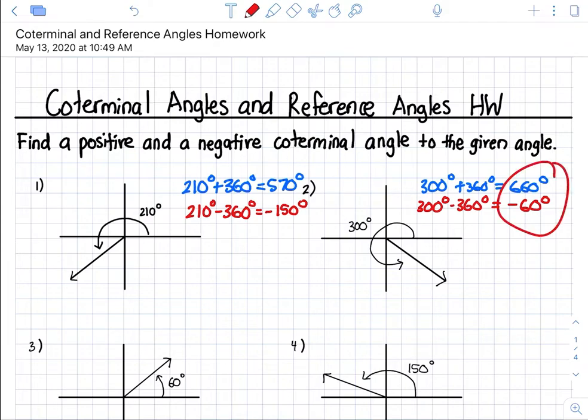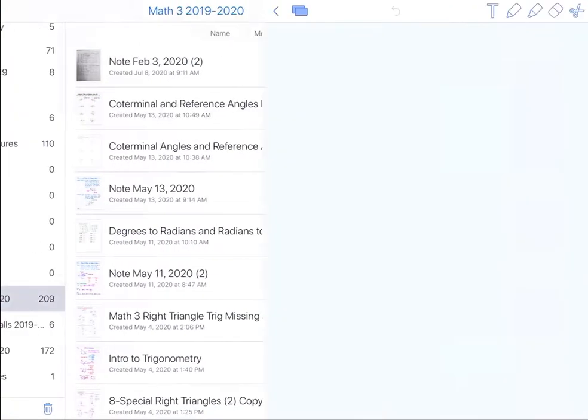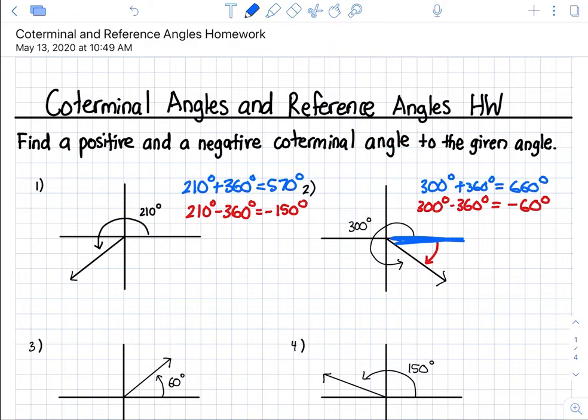What this means is you go back negative 60 and you would get to that point. Or, remember you always start from here, or you could go 660 degrees and you would recognize you get back to there. Just some visual for you guys on that.